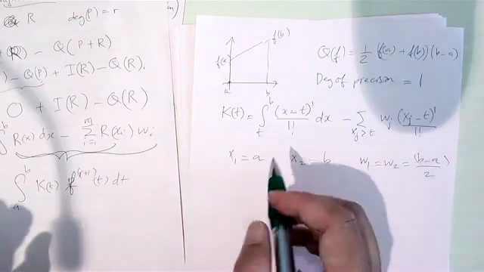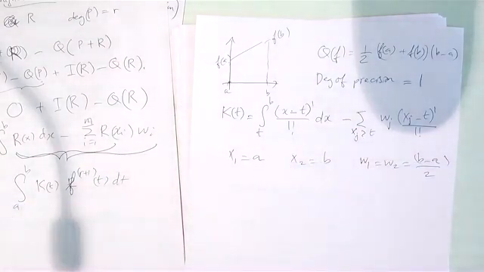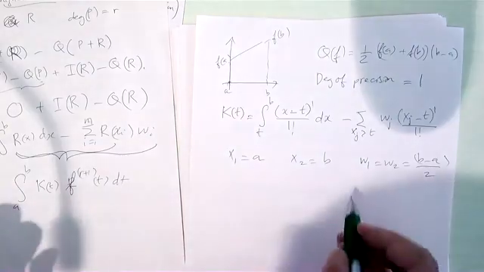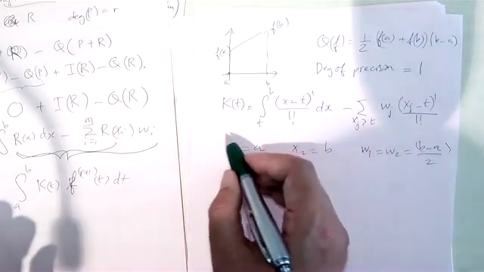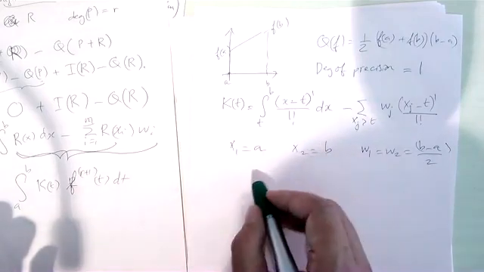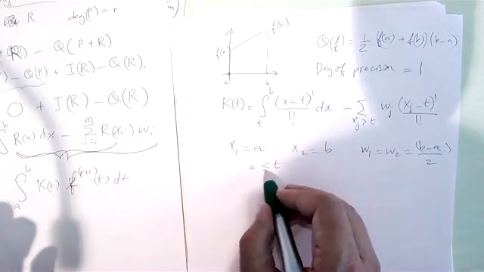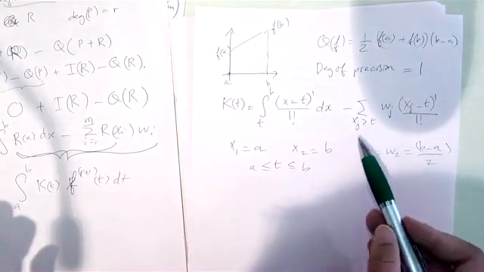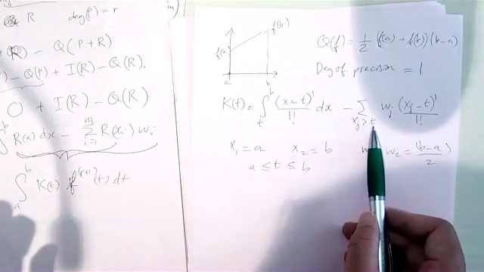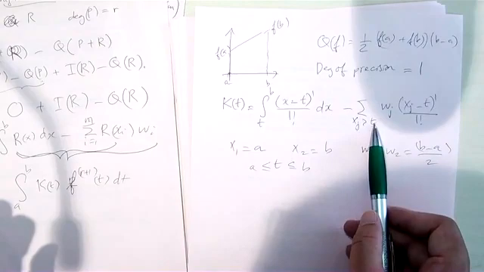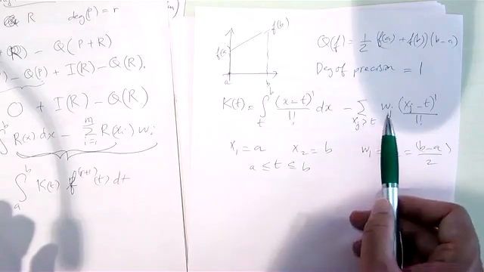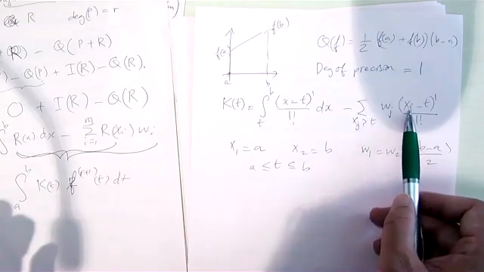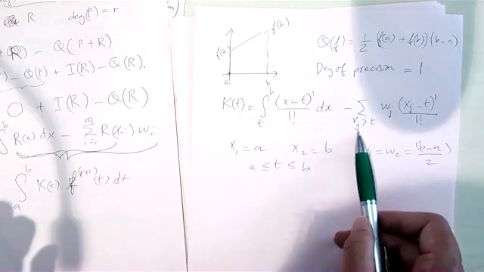So where is t? t is between a and b. So which quadrature point is always bigger than t? You have only the second point, right? Only when j equals 2, then x2 will be bigger than t.